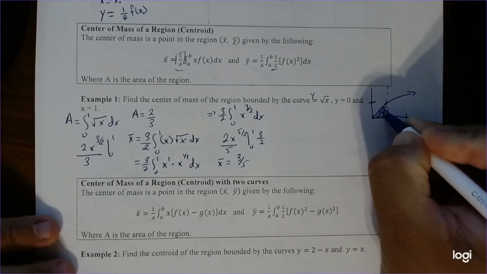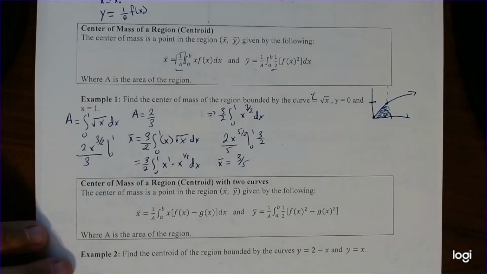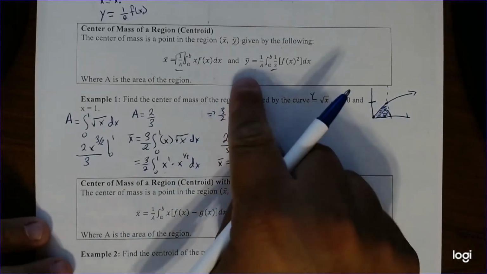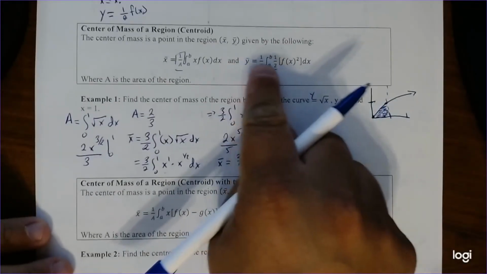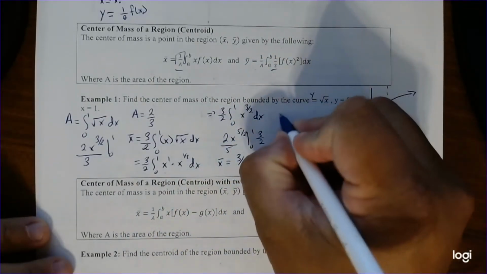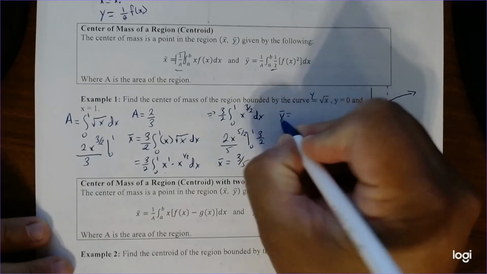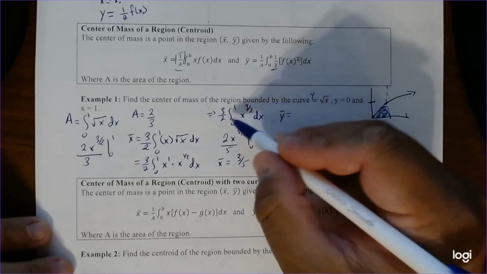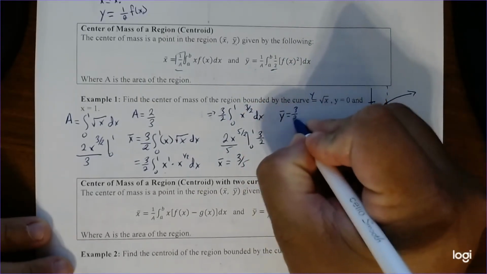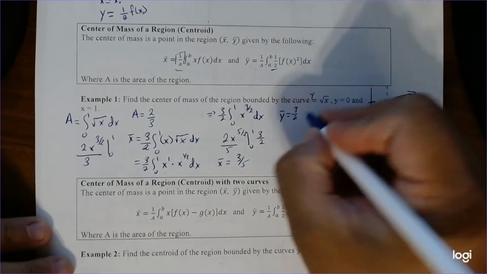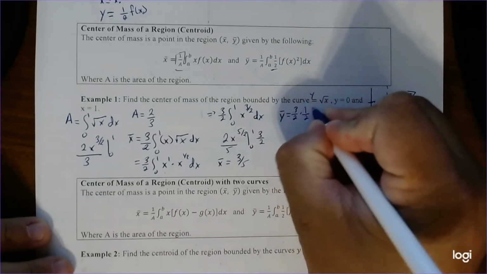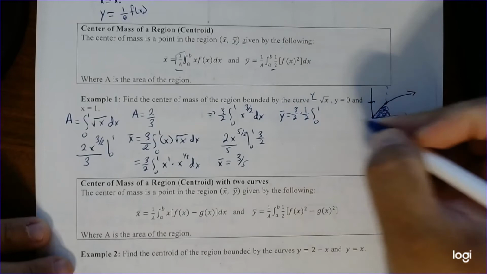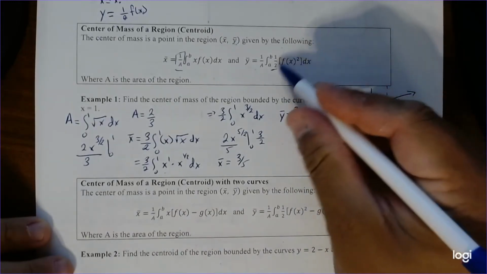And now we have to figure out how high we're going to go to find the center of mass. For that, we're going to use roughly the same setup as we have here. So the y component is going to equal 1 over the area, so again, it's just 3/2 times the integral of 1/2, I'm just going to pop it out here to make it easier for myself, from 0 to 1 of the function squared.